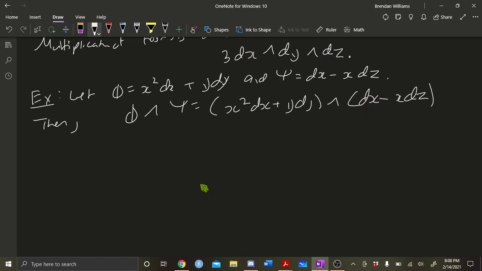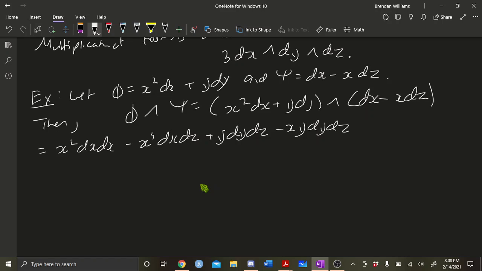Okay, and now I'm going to use distributivity. So that's x squared dx dx minus x cubed dx dz plus y dy dx minus xy dy dz. Just cleaning this up a little bit, dx dx is 0, so we lose this one, of course.